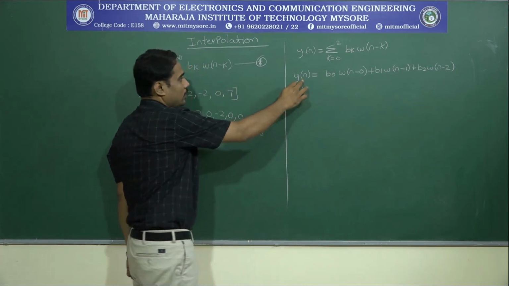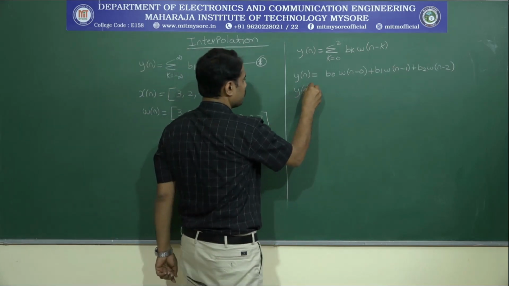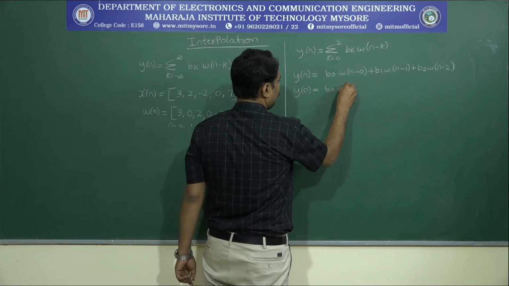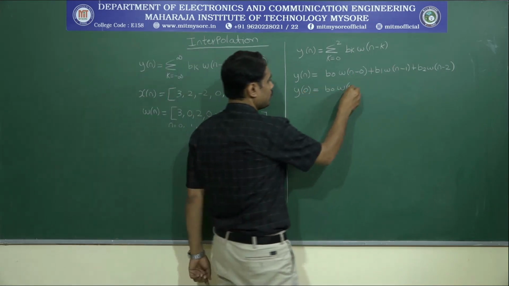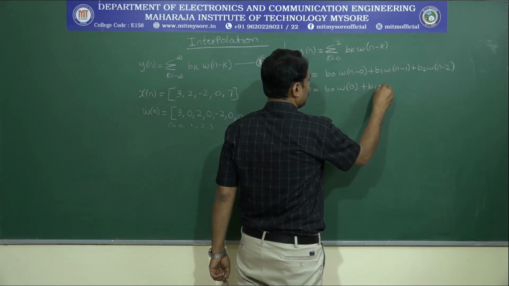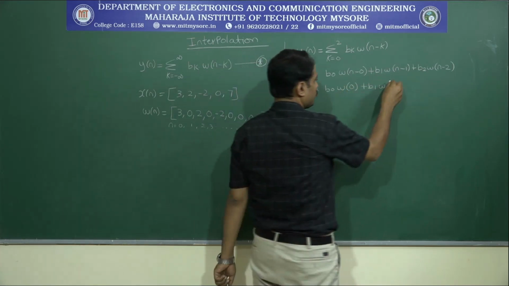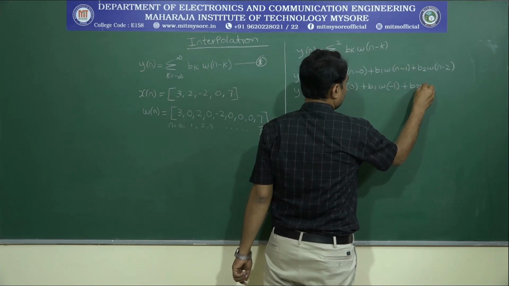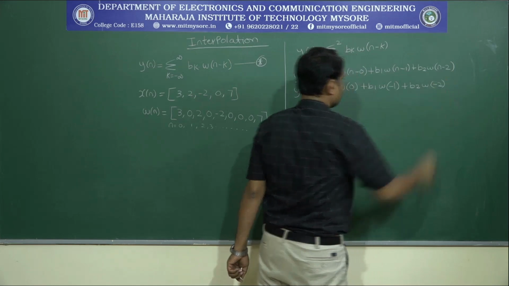First, for n, I have to substitute 0, and that is equal to b0 into w of 0 minus 0, that is 0, plus b1 into w of 0 minus 1, that is minus 1, plus b2 into w of 0 minus 2, that is minus 2.